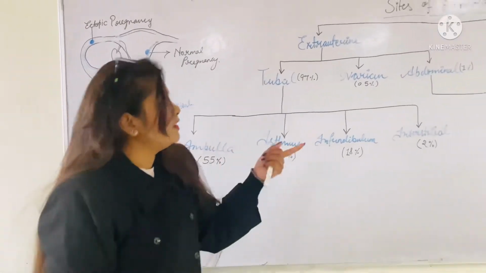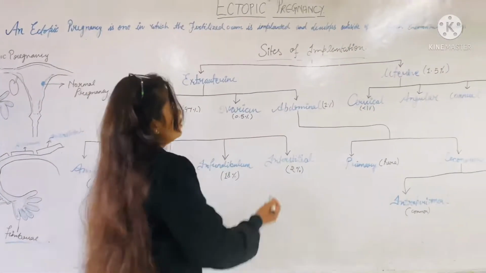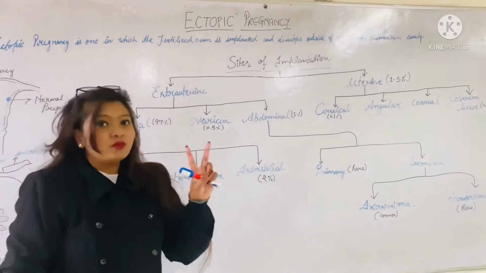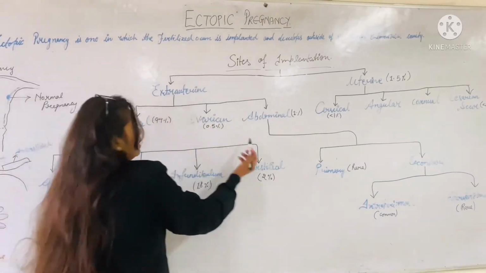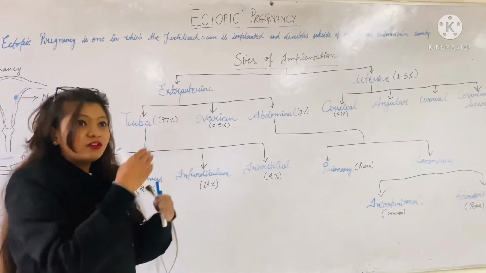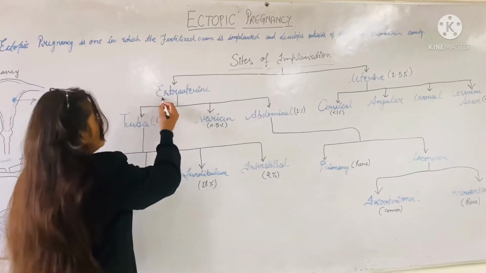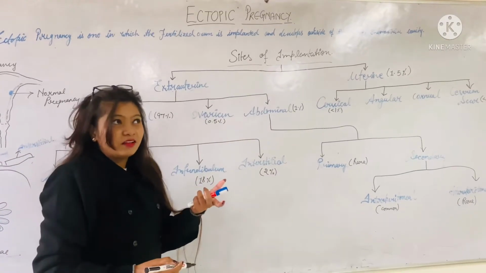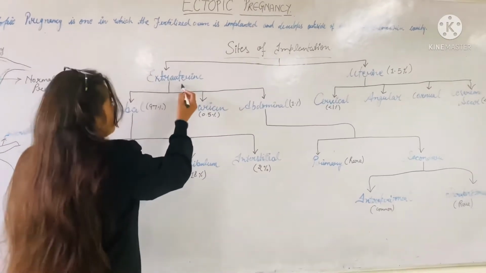Okay, so now let's see the sites of implantation. As you can see here, the implantation is divided on the basis of two sites, extrauterine and uterine. Now what is extrauterine? Extra means outside, and uterine means the uterine cavity, or you can say the uterus. So this is outside the uterus.